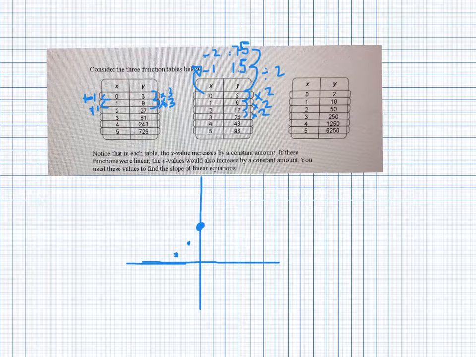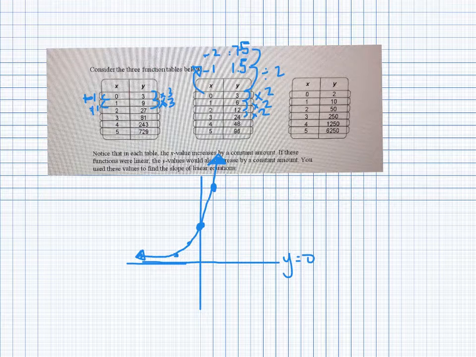Harder to do that with the stylus. When we are at 1, we are at 6. And then it just takes off from there. So knowing that this is exponential, I know my graph is going to look like this, and it is going to approach that x-axis, which is my asymptote, but it's never going to touch that x-axis.